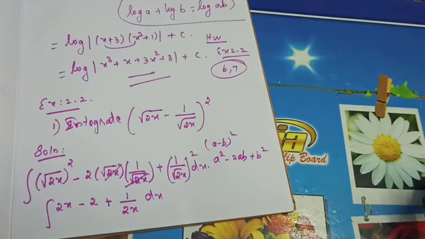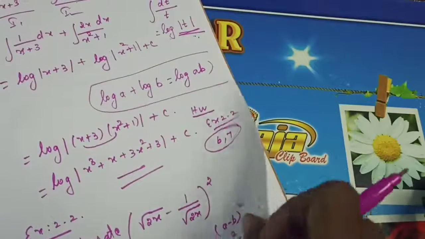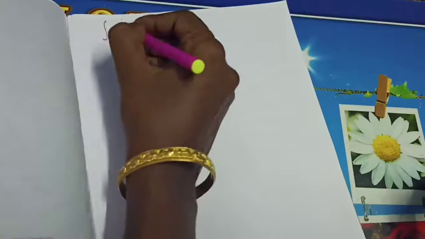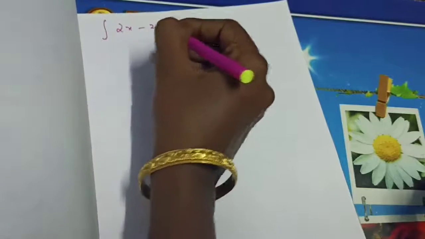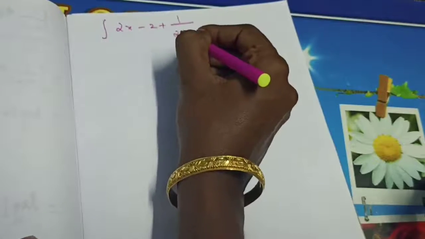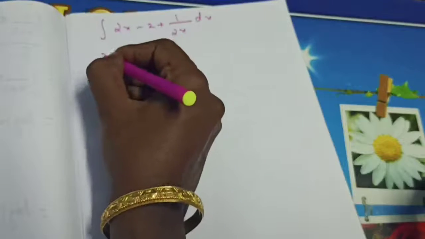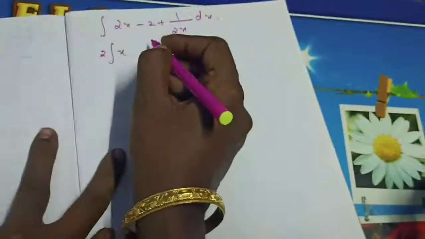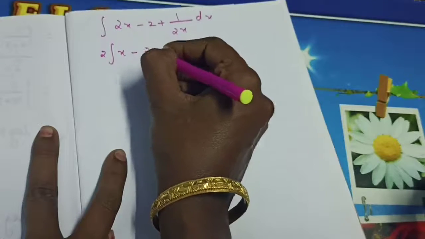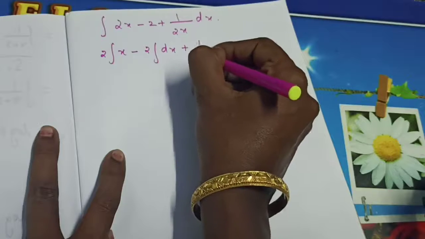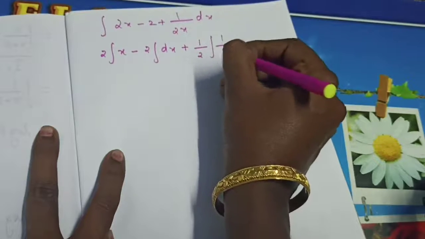Understand? It is just the (a minus b) the whole square formula. We are going to integrate this. I am going to write this step again: integration of 2x minus 2 plus 1 by 2x. We integrate: 2 into integral of x, minus 2 into integral of dx, plus 1 by 2 into integral of 1 by x.